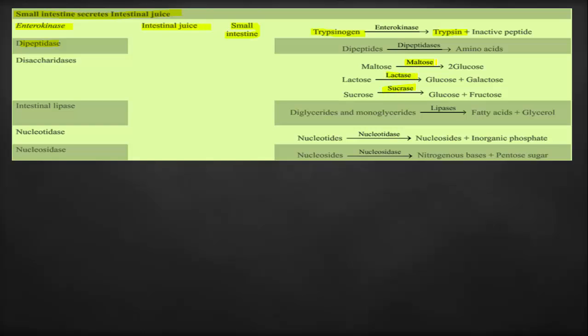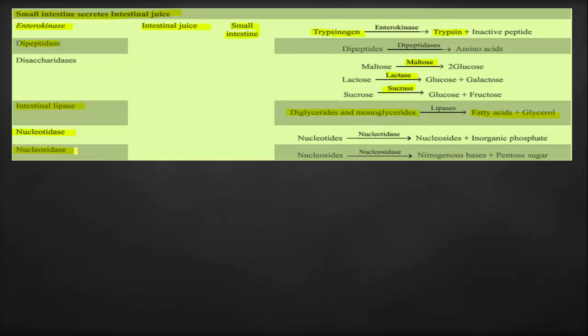These are the carbohydrate digesting enzymes present in the intestinal juice. Then intestinal lipase acts on the diglycerides and monoglycerides to give fatty acid and glycerol as the end products of fat digestion, and 2 nucleic acid digesting enzymes, nucleotidases and nucleosidases.